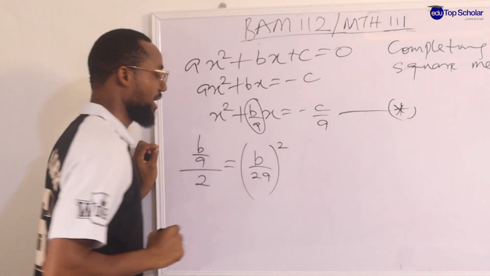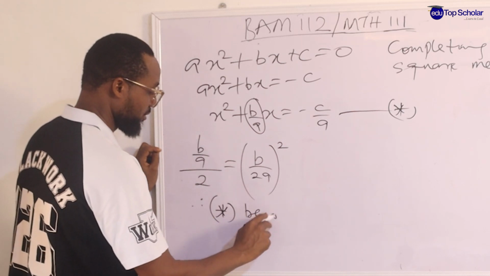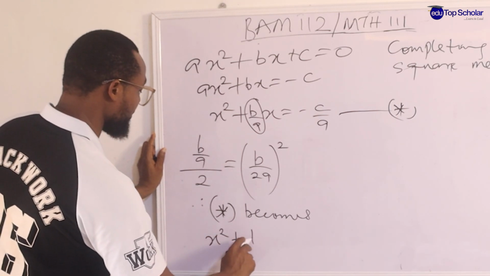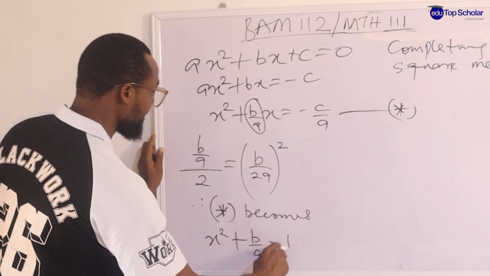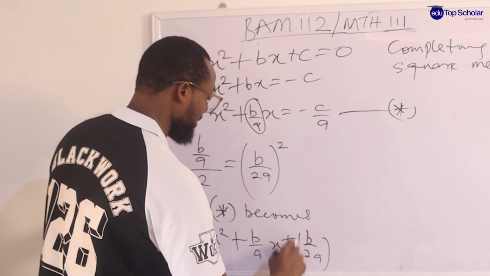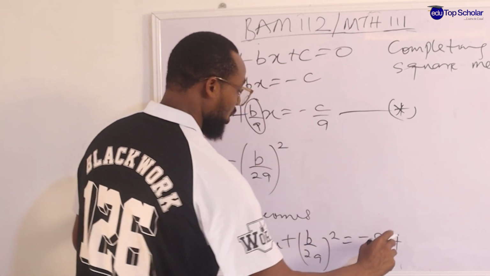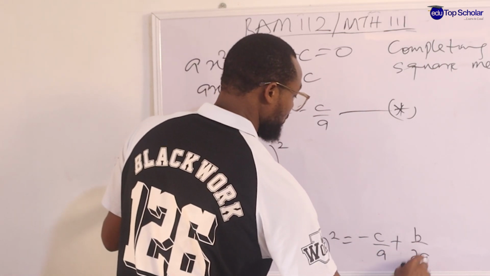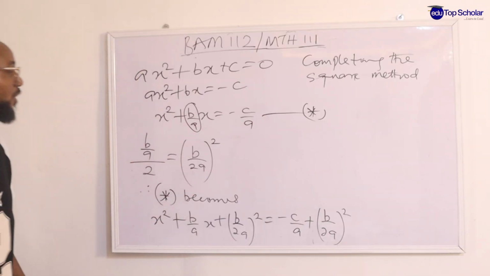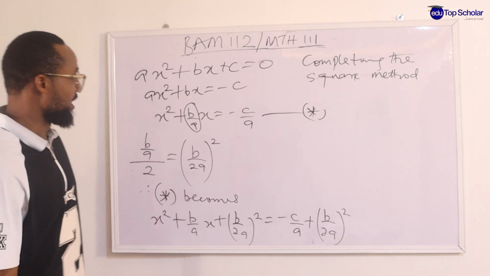Let me call this one equation star. Therefore, equation star becomes x squared plus b over a x plus, I want to add this guy now, b over 2a all squared, equals minus c over a plus b over 2a all squared. The rest is just arithmetic. These are the basic steps involved in completing the square method. Now, let's break this down.